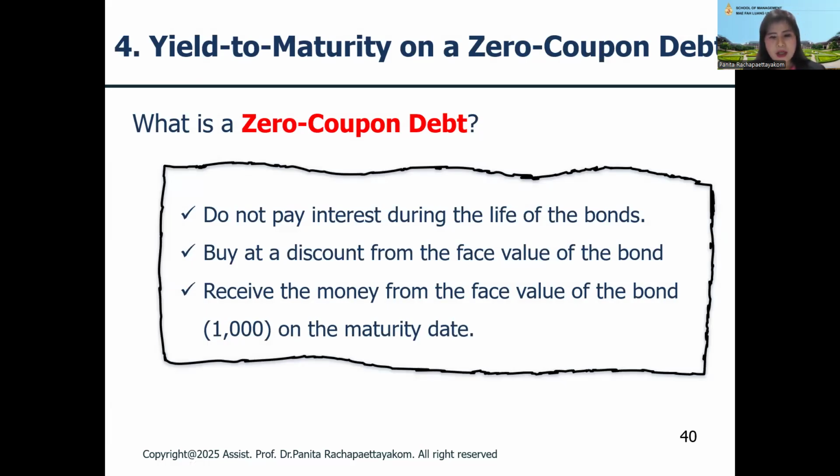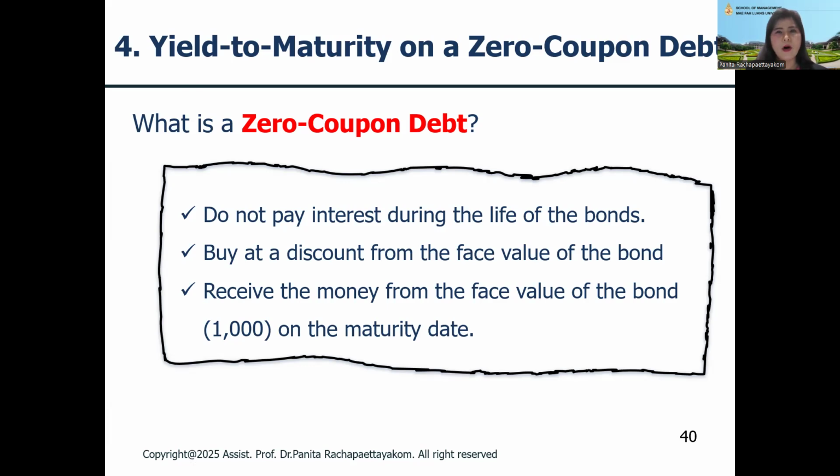And here, for the yield to maturity on a zero coupon debt, what does this mean? A zero coupon debt means that during the period, whether it is 1 year, 2, 3 years, or 5 years, during the holding period the investor gets nothing.